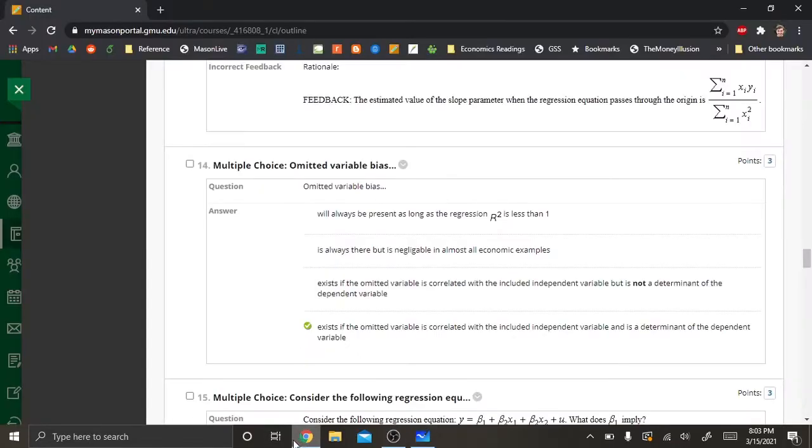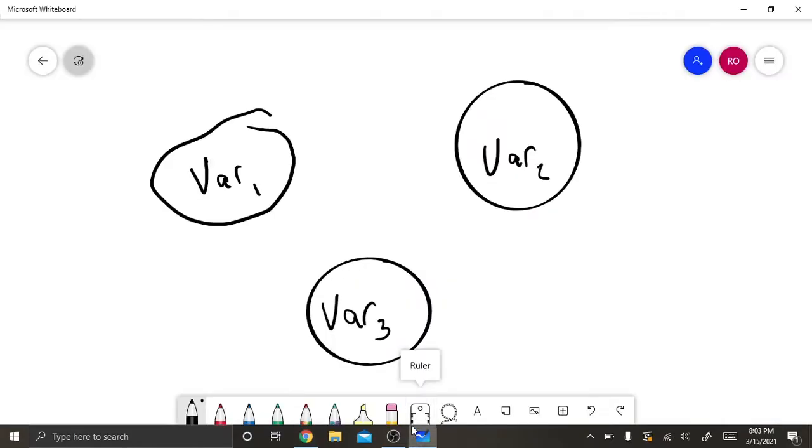And it's correlated with the included independent variable. So you have that. But it's not a determinant of the dependent variable. So there's actually no backdoor path leading you from variable 1 to variable 2 by means of variable 3. So you don't actually need to condition on variable 3.